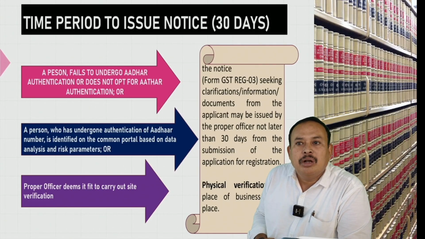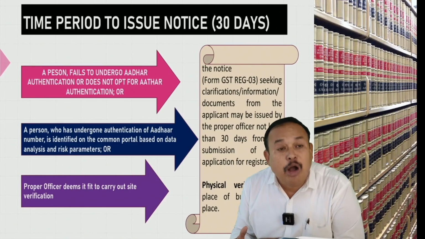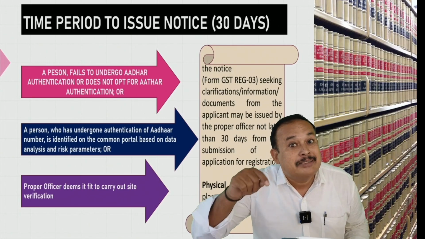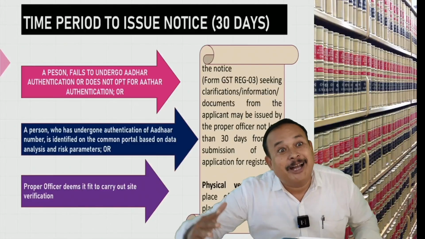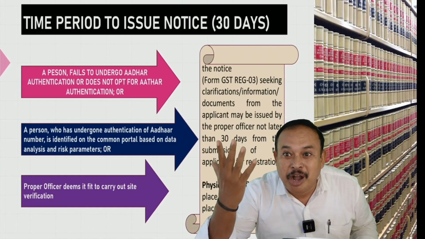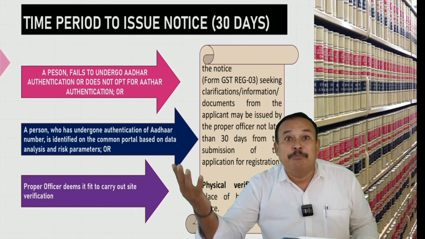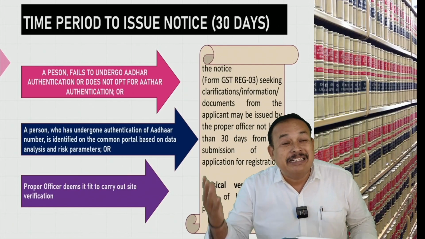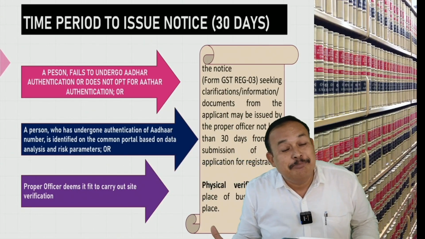A smuggler has applied for registration. How does the department come to know? The system will come to know. How? In the system, Pushpa gave his Aadhaar number, authenticated, and the biodata was entered. Practically, where he has gone, where he was caught, how many he has beaten, how many times he went to jail, how many times he evaded tax, how many times he fought with the income tax inspector.